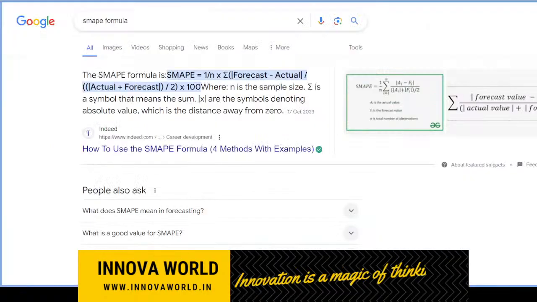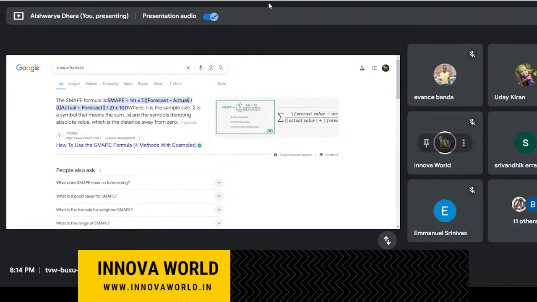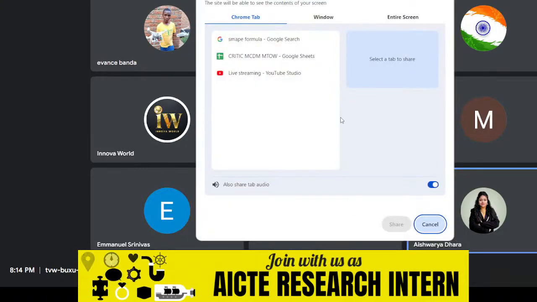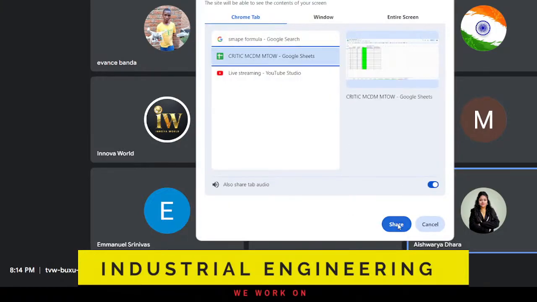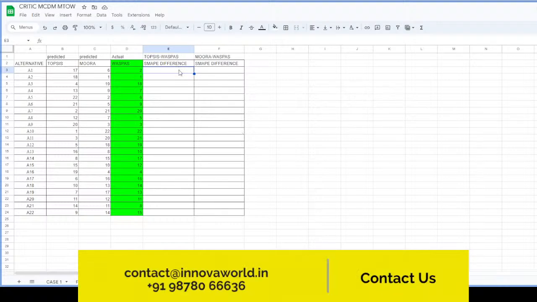So this is the SMAPE formula. I hope you have noted it. Now I am going to utilize that in this method.